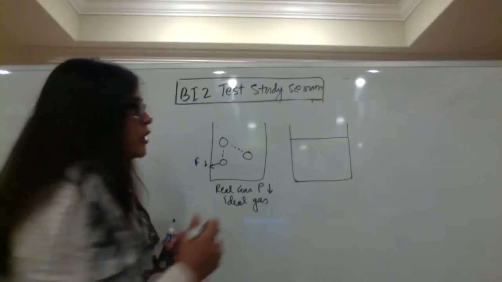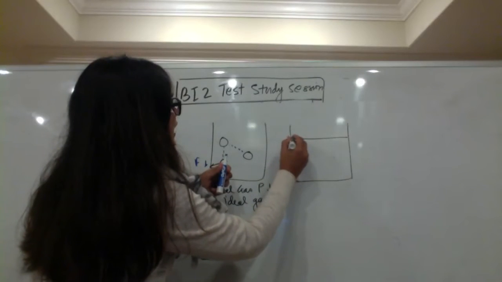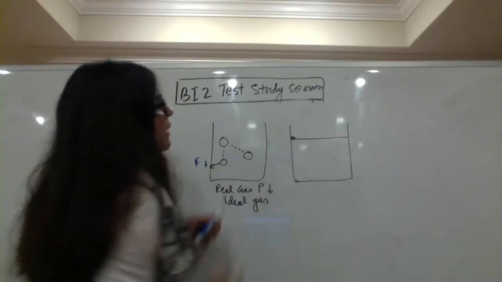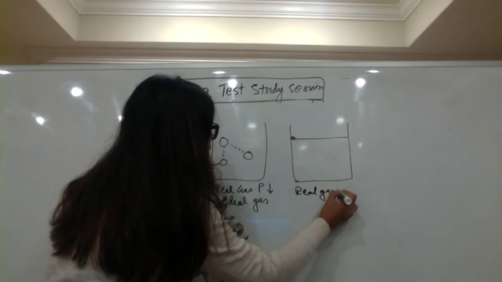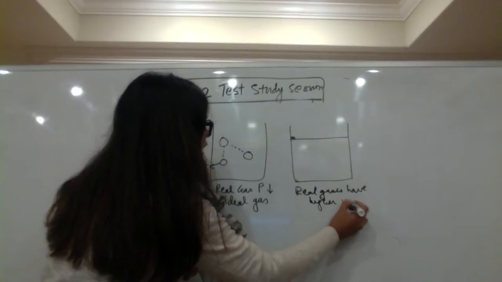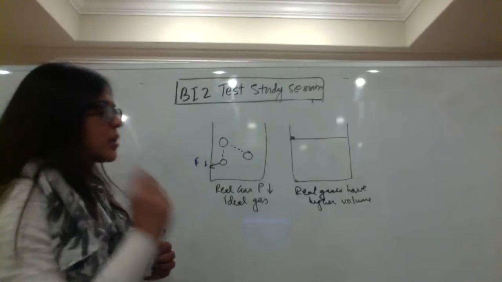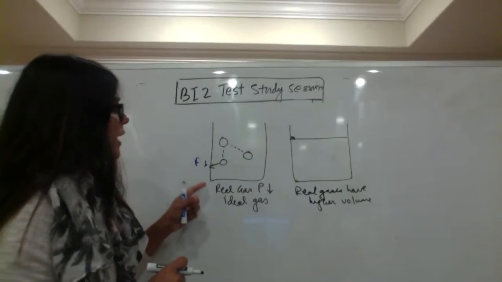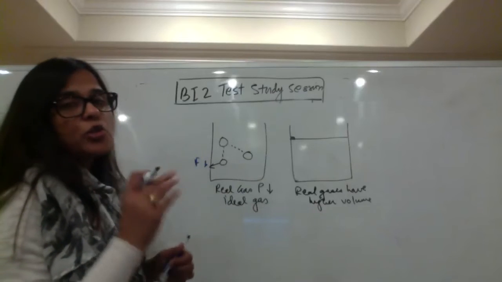If you include this volume, the gas volume is actually larger. So real gases have higher volume. That's why to make real gases behave more like ideal, you subtract a quantity from the volume, and to make real gases behave more like ideal in terms of pressure, you add it.